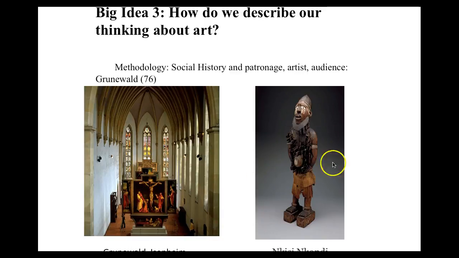If we look over here, you're also trying to think about how it's called the Nkisi Nkondi, and what the artist was trying to portray to the audience. So this is where we really get in our own personal thoughts and try to see if it's similar to the artist's or not.